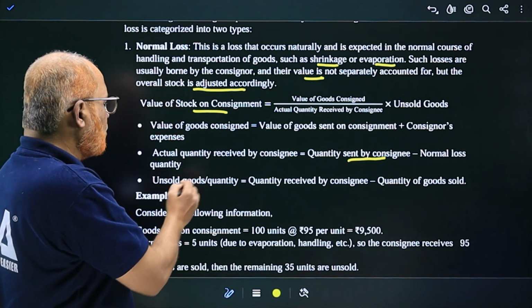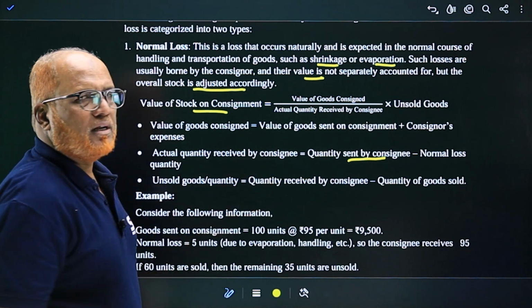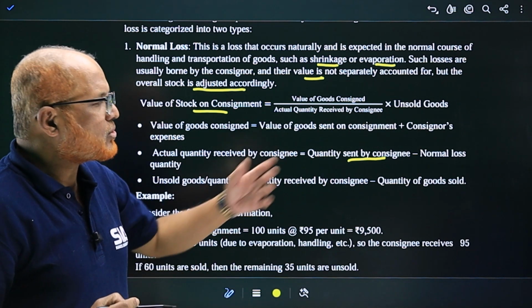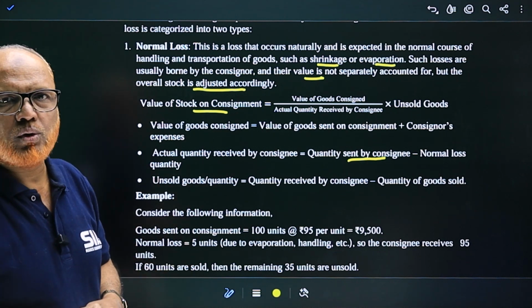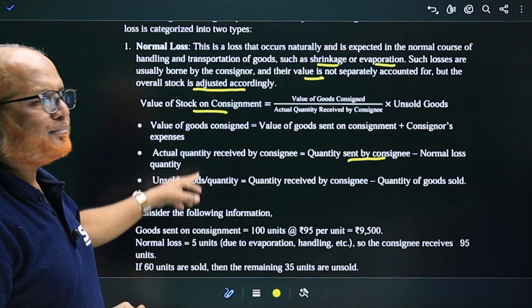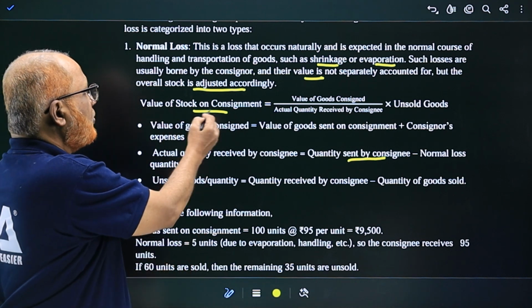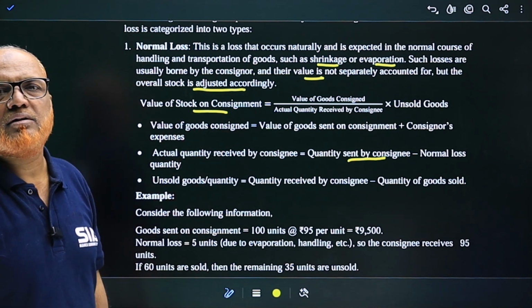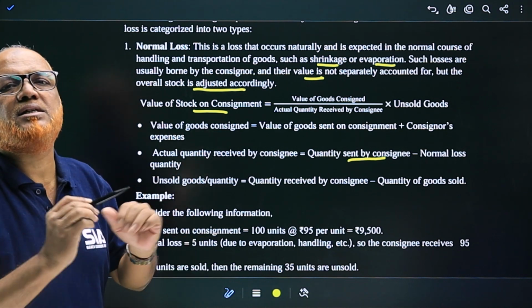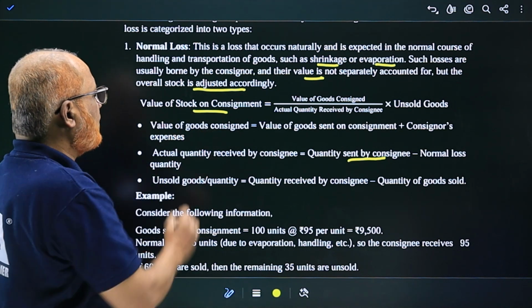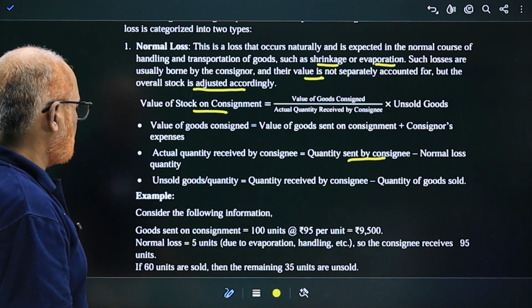Then unsold goods or quantity: quantity received by the consignee minus quantity sold by the consignee. This will give you unsold quantity. By using these three, we can calculate value of stock on consignment. Here in this case, normal loss is adjusted in calculating the value of goods unsold.